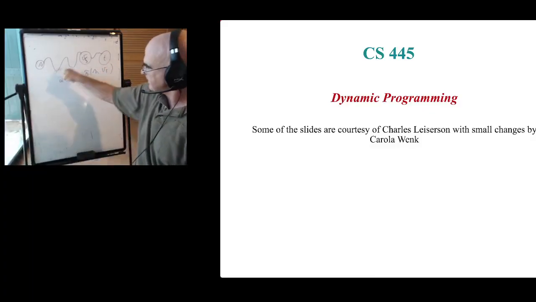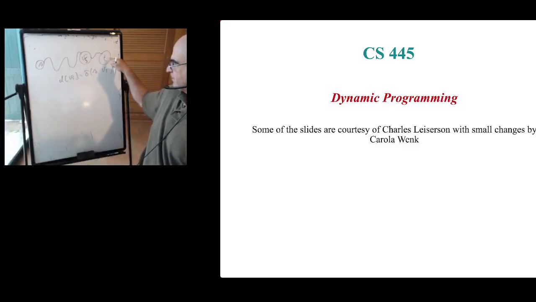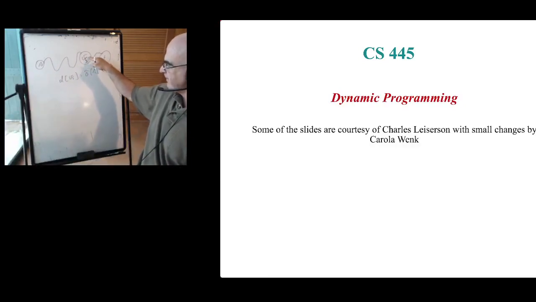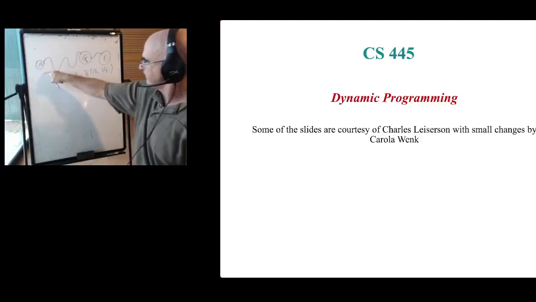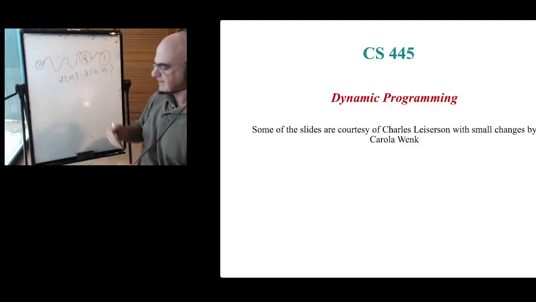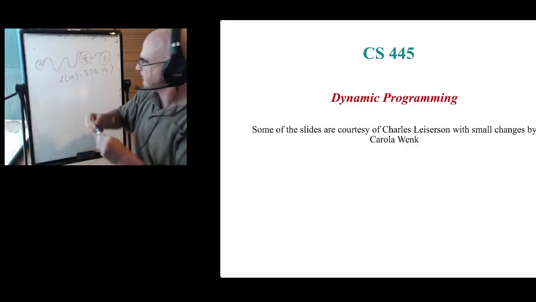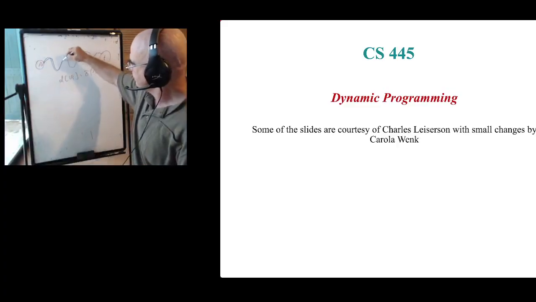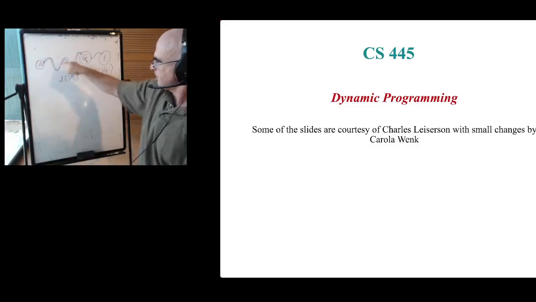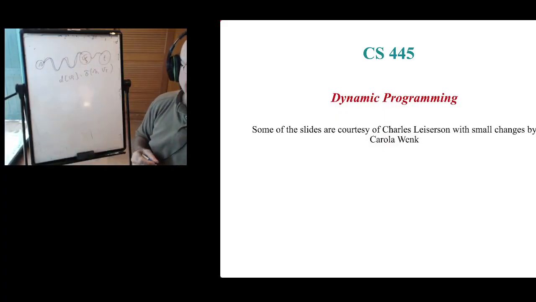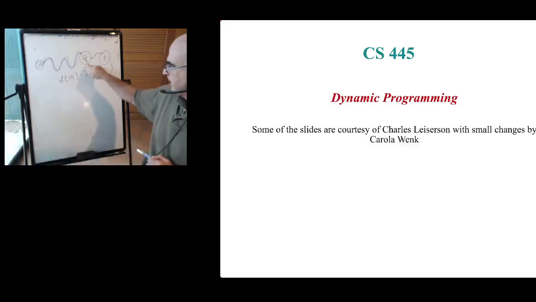Why? Because if the solution from S to T goes through V5, then the shortest path from S to T will use a portion of it. That portion of the path will be the shortest path from S to V5.